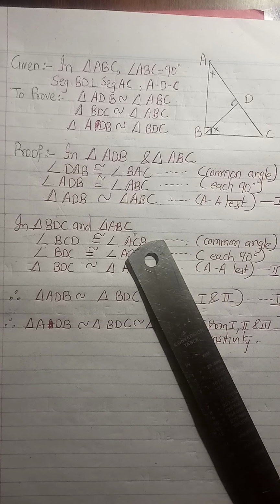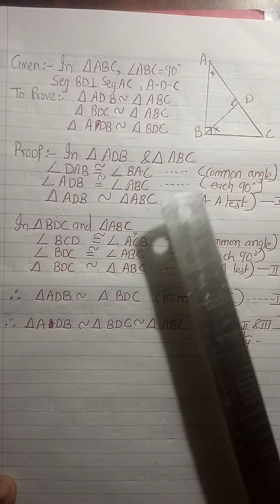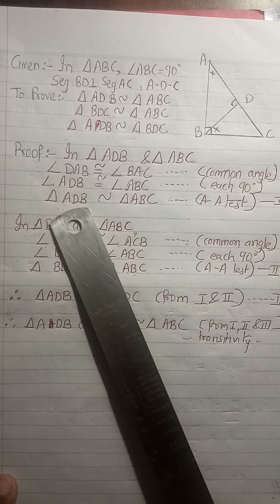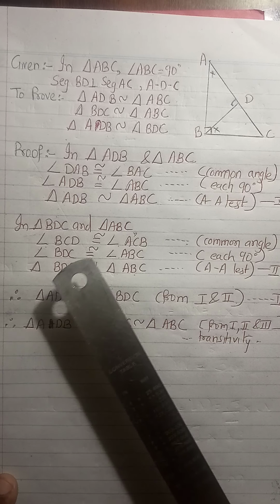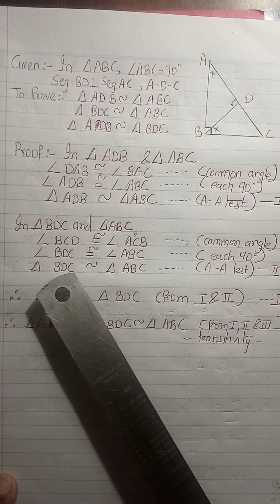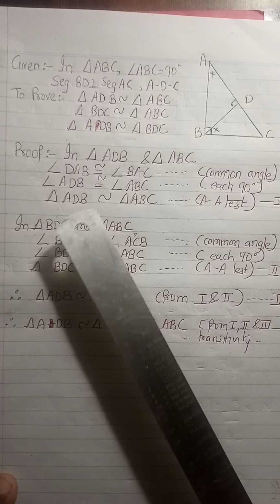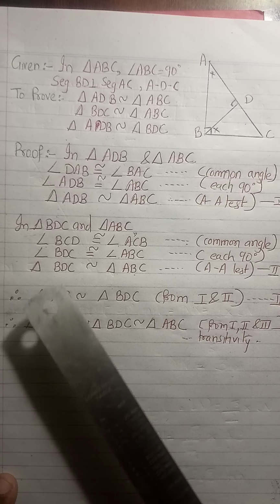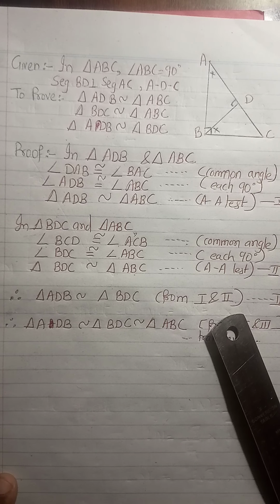Now with the help of equation 1 and equation 2, we can see that one triangle is the same in both: triangle ABC. Therefore, I can say that triangle ADB is similar to triangle BDC, from 1 and 2.